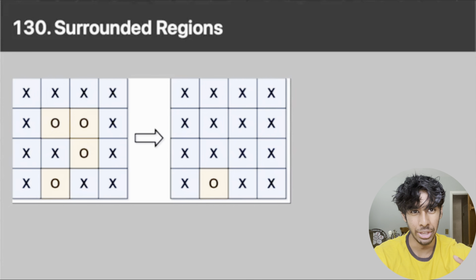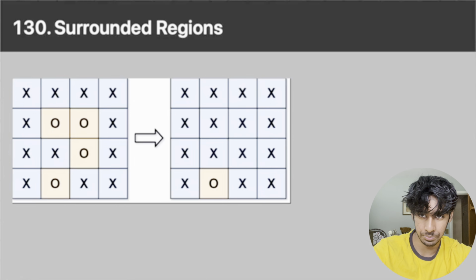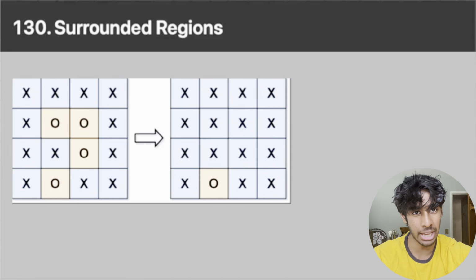All right, so this is the key insight that's needed to solve this question. If a region is surrounded, that means none of its squares are on the border of the grid. I'm going to explain that right now. So first, let's imagine that we have a region that does have a square that's on the border of the grid. For example, this little region here.